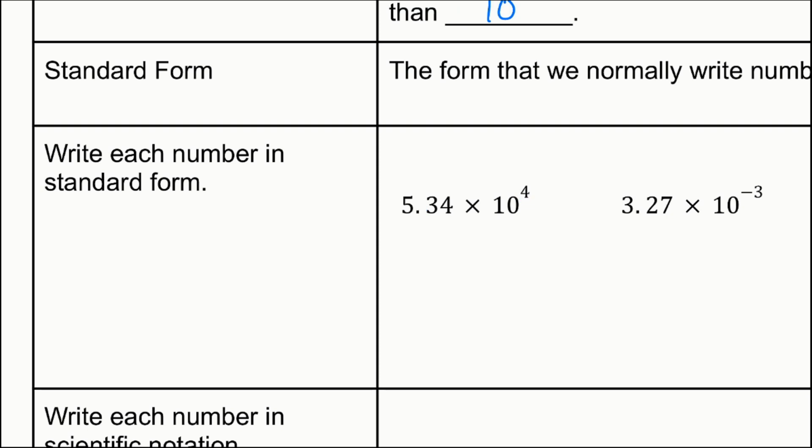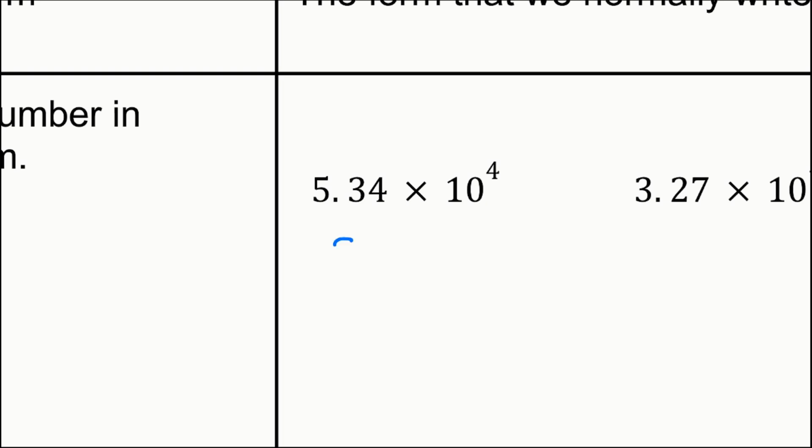So the process that I like to do is I like to write 5.34, right? Just leave it like that. And then I'll take a look at what my exponent is. Since this is positive, that tells me I'm going to move my blue decimal point in the positive direction, which is to the right.